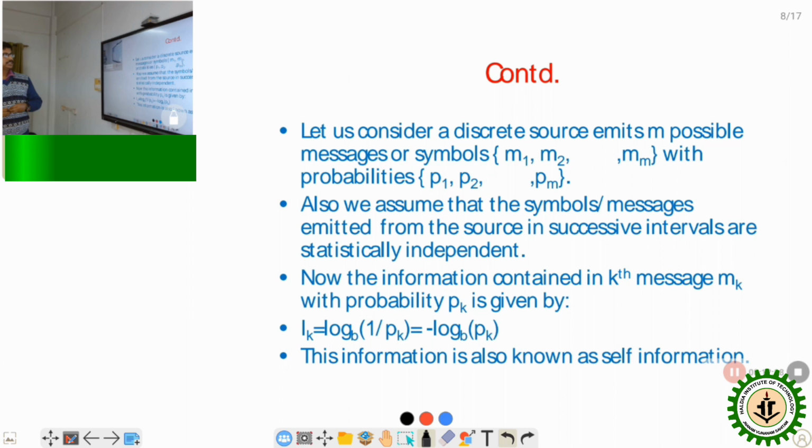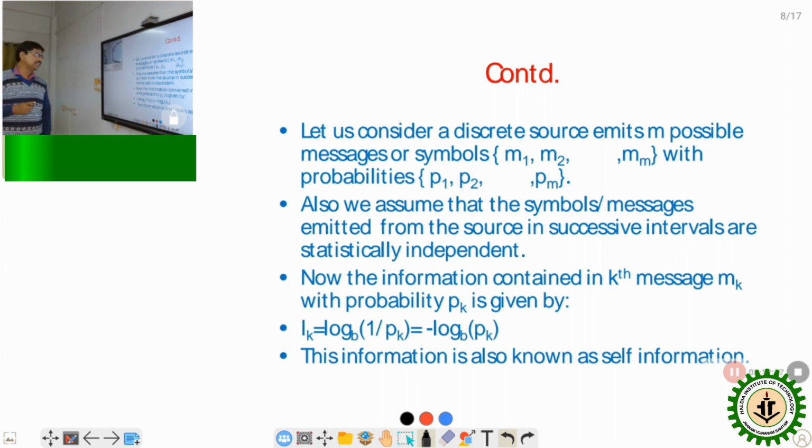Suppose it generates m number of messages or symbols, m1, m2, ..., mm, and their corresponding probabilities are p1, p2, ..., pm. These messages are statistically independent, which means they are not related to each other. Suppose m1 and m2 are two distinct messages; they do not depend on each other.